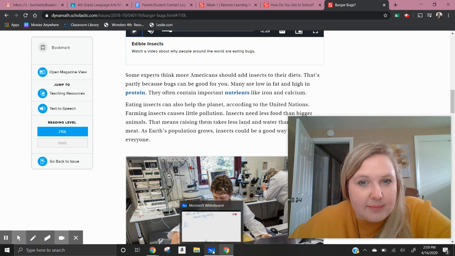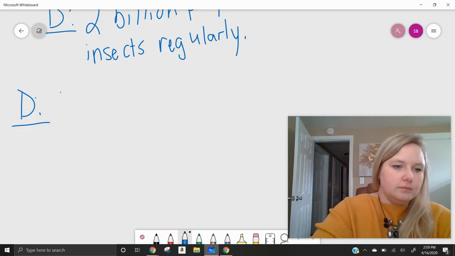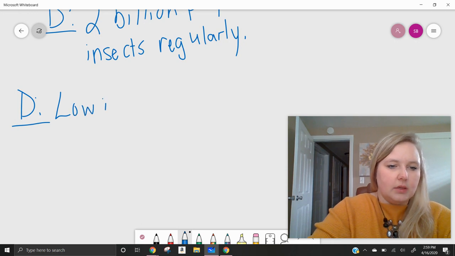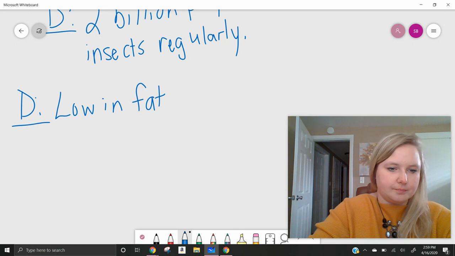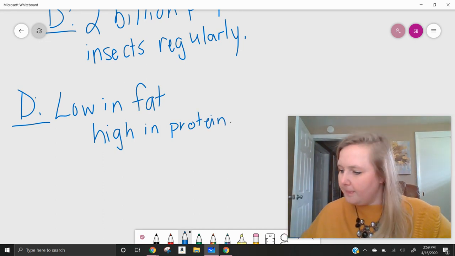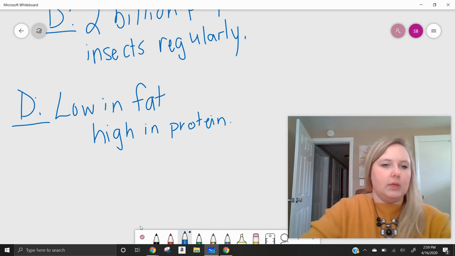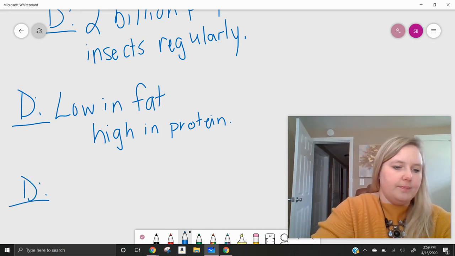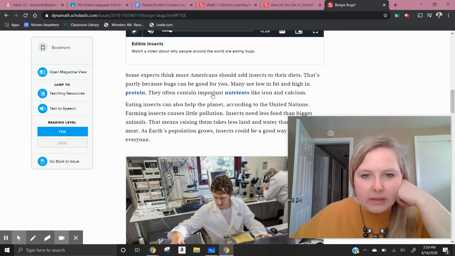Right there is something I'm going to put. So, low in fat, high in protein. All right, what's another detail? And I think it had something else right there too.